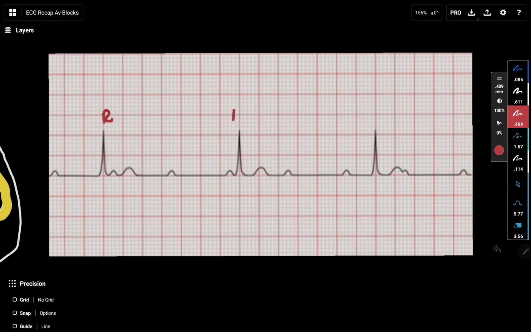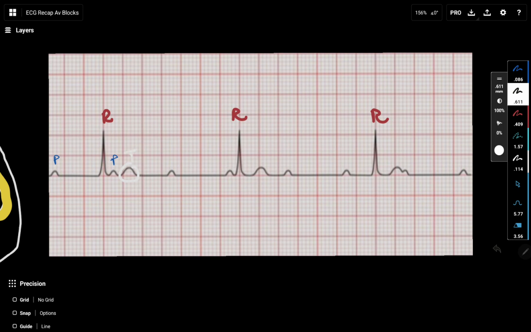This is my R wave, R here, and my P waves instead of here. That is one here, because this one here, really, it's a T wave.